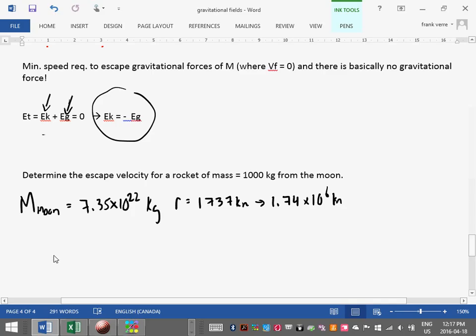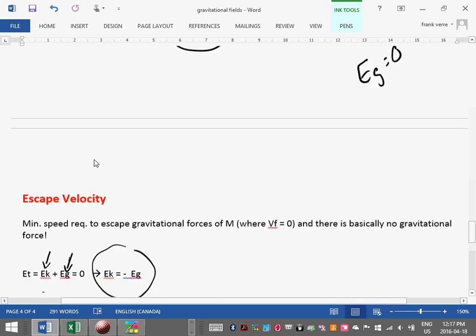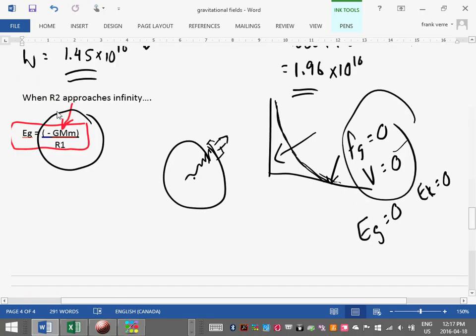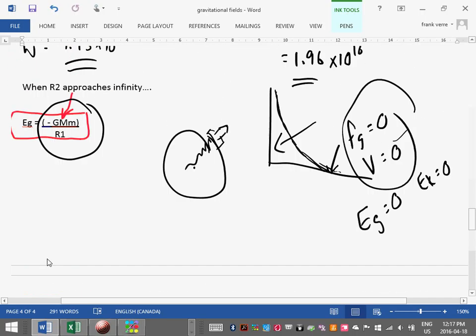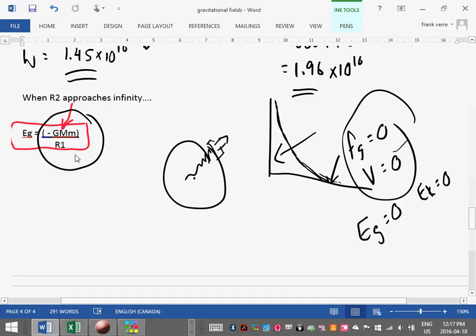Okay, so our potential energy is this equation. This equation is negative GMm over r1, because R2 is the point where we've reached where there's no more gravitational field, right? So R2 basically makes that part 0.